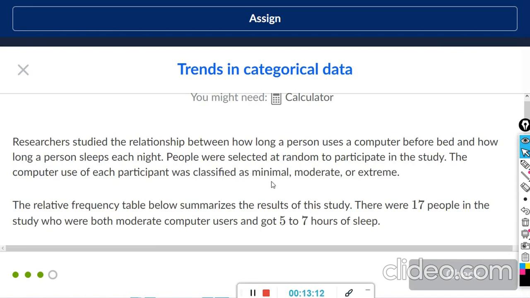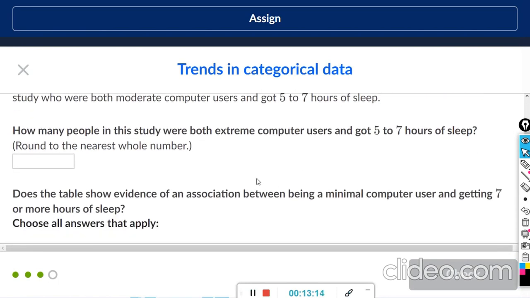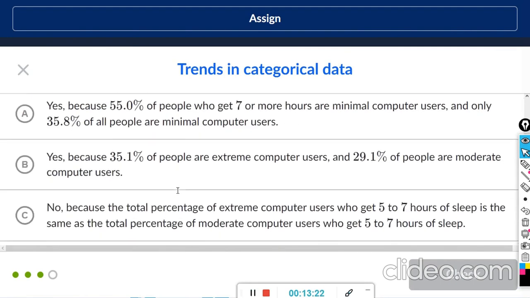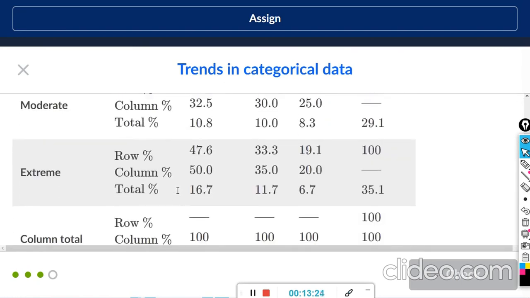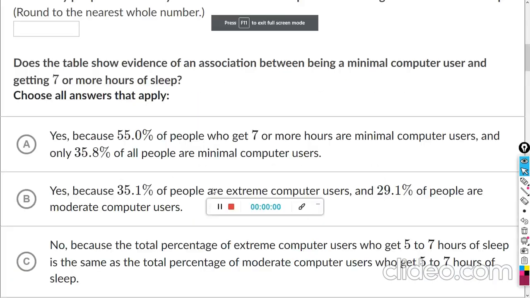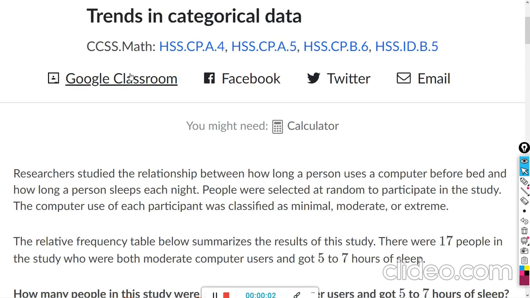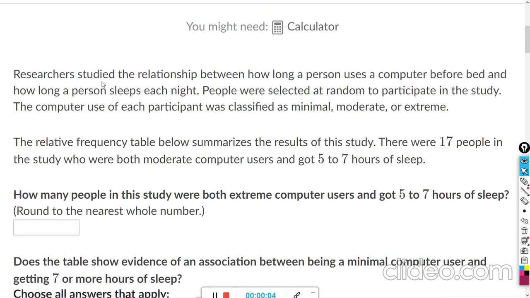Okay, one more. I'm not even going to read the write-up. How many people in this study were both extreme computer users and got 5 to 7 hours sleep? Let's see. How many people in the study? All right, last problem. Researchers studied the relationship between how long a person uses a computer, how long the person sleeps each night.